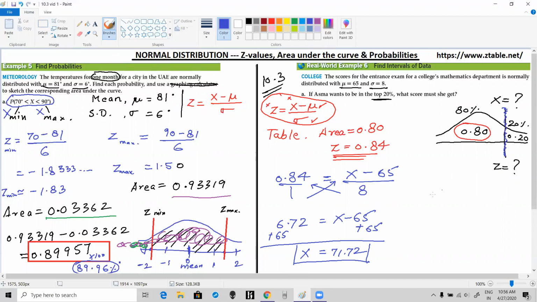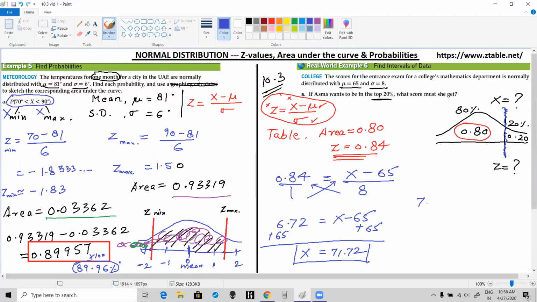Now that's the score which is exactly at this line, and she wants to be above that. That means if she wants to be in the top 20, I will write the probability that X is greater than or equal to 80%.